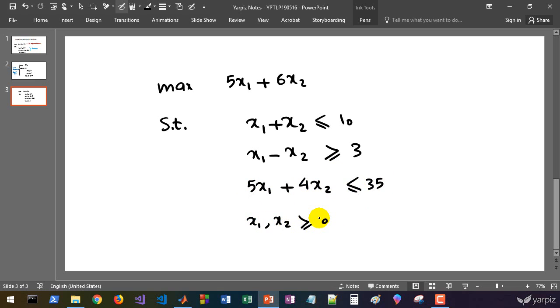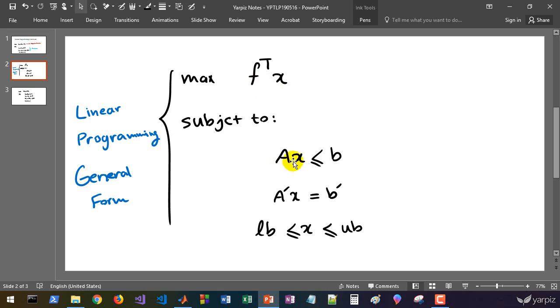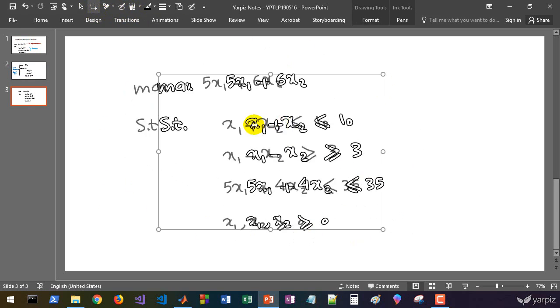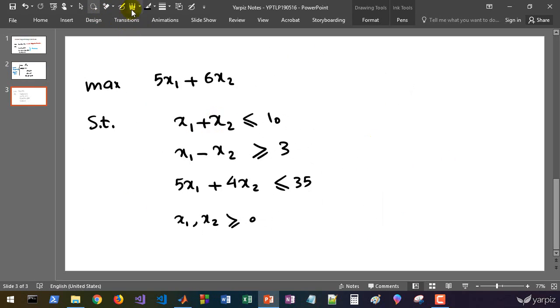If we'd like to find these matrices F, A, B, A prime, B prime, LB, and UB, we can do this here. I shift these equations to the left and let's define our matrices. For example, F is as follows: 5 and 6.